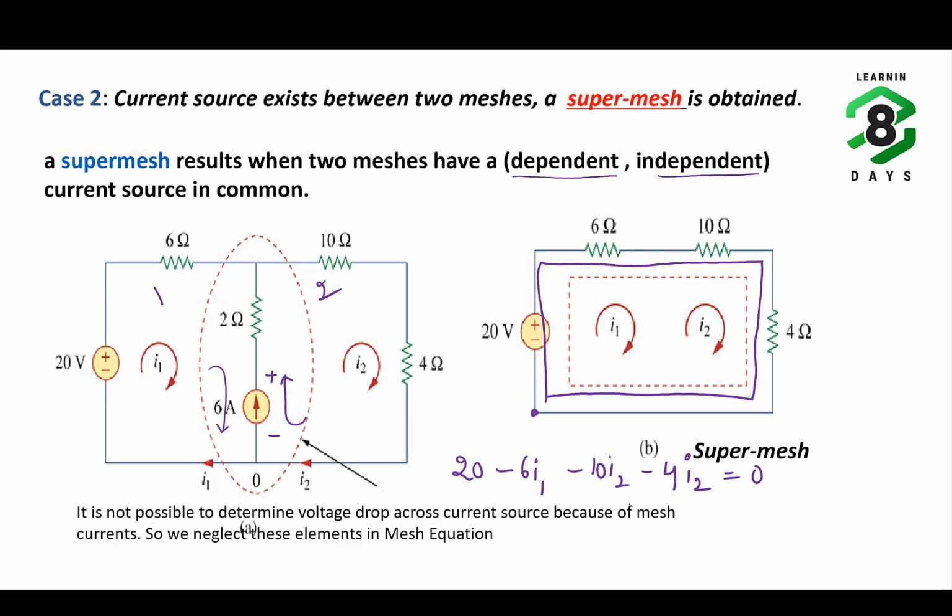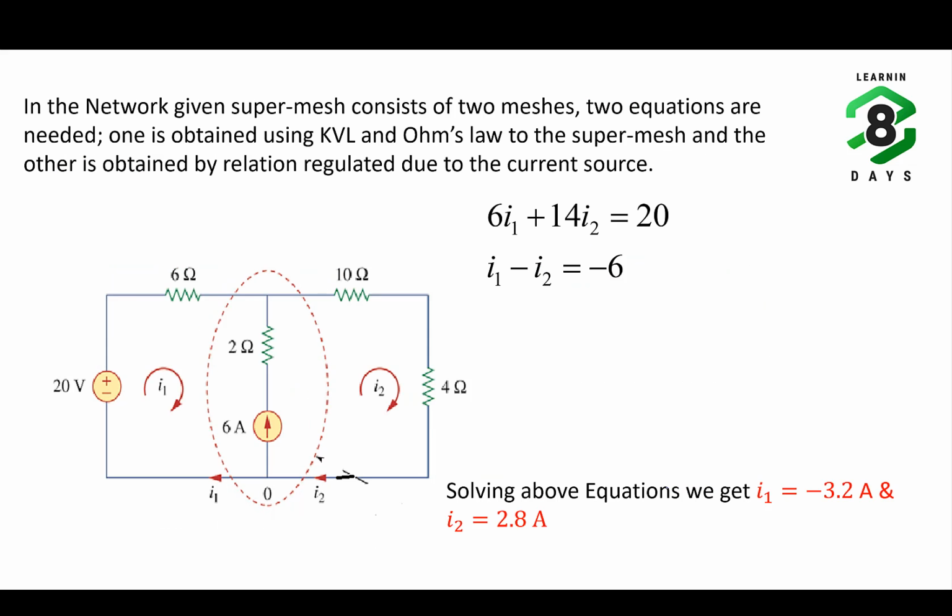So this is a super mesh equation, and this particular one is called a super mesh. Even though it appears as if the elements are connected in series, you have to calculate the voltage drop by using the mesh current that flows through those particular resistors. Next, you will get that equation.